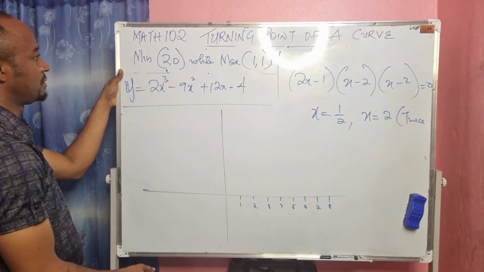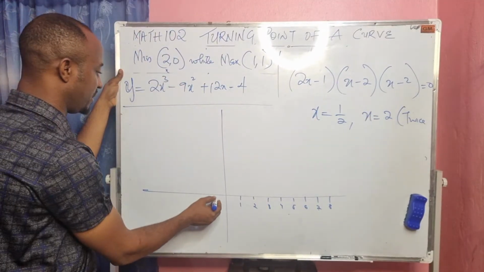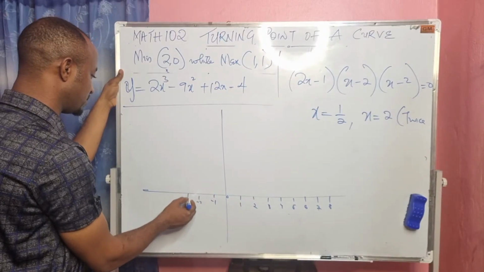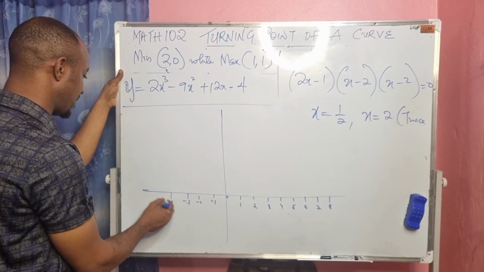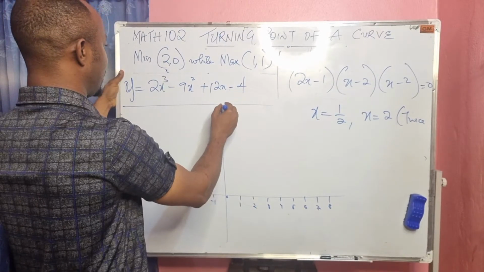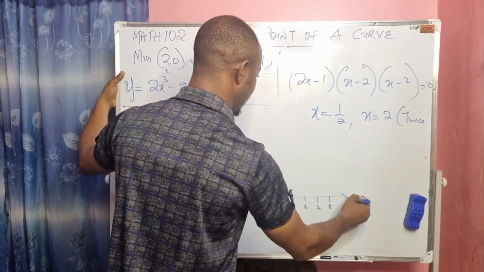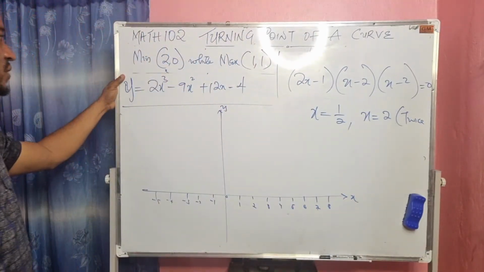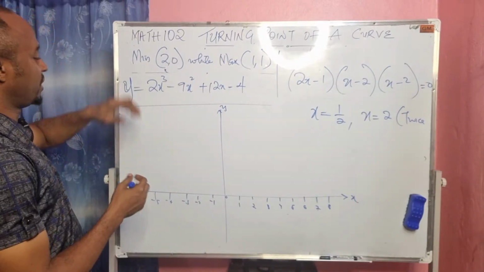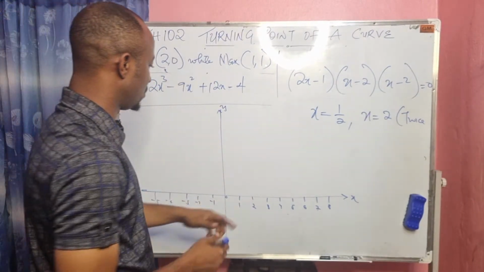Okay? All right, so here will be 0, right? Here will be minus 1, minus 2, minus 3, minus 4, and minus 5. All right? Here we have our y, and here we have our x. So what do we do here? Let's bring out the minimum point. When x is 2, y is 0.